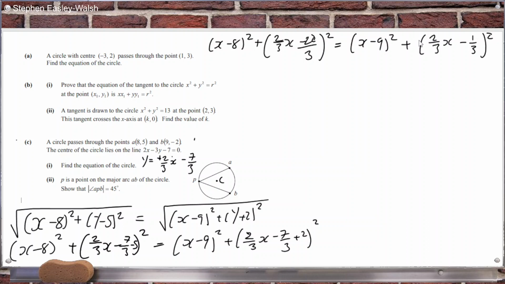Okay, now I'll multiply by 9 to get rid of those 3's, and by 9, and by 9.